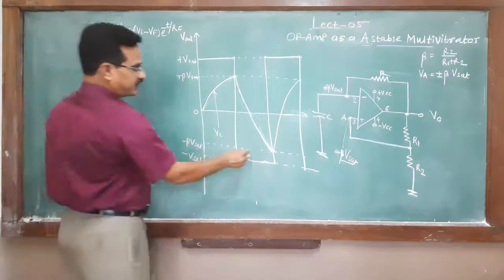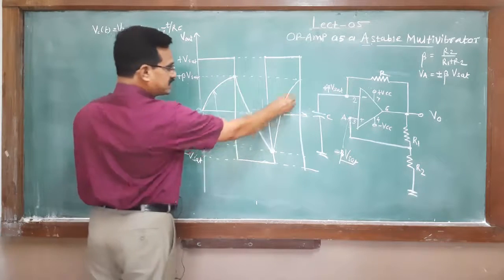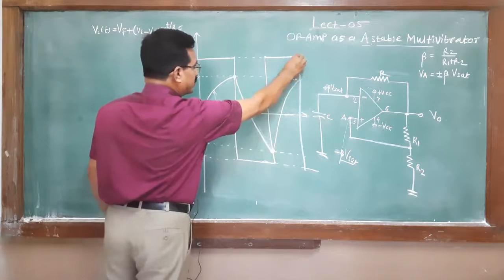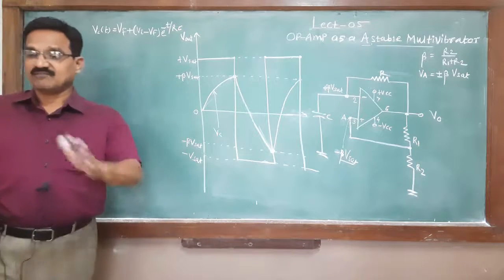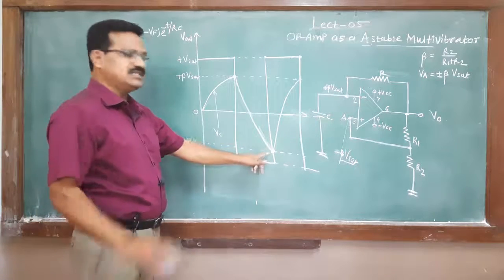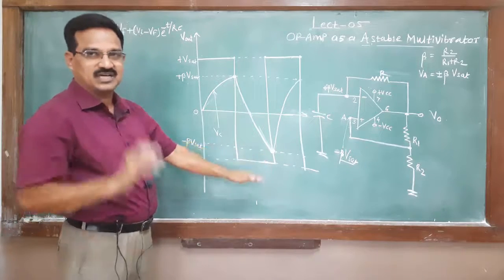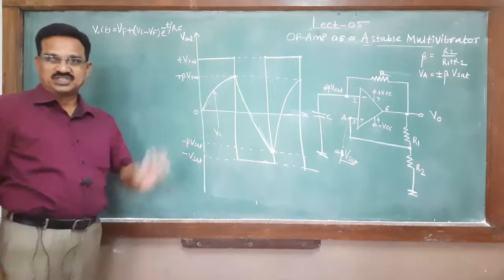Consider the case here. This is, suppose, the initial voltage, and this is actually the final voltage. When we consider this initially, the minimum voltage across the capacitor is minus beta into V saturation.